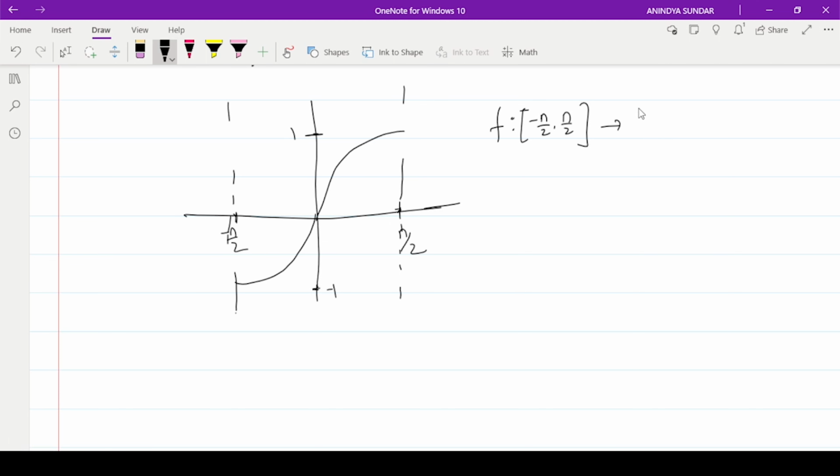So I have to set the codomain as -1 to 1, which is defined by f(x) equal to sine x. Now check whether this function is 1 1 or not. You draw any horizontal line. You will see that the horizontal line will intersect at exactly one point. That means this function is 1 1.